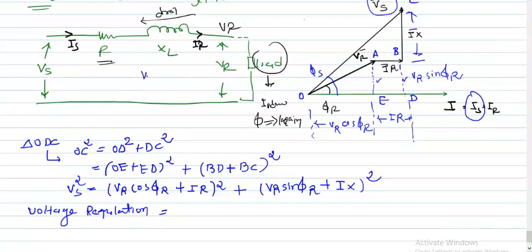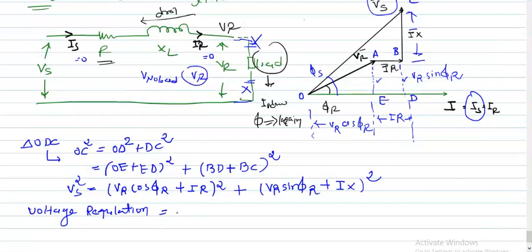If I disconnect the load, the current IR, and so IS, is almost zero. At that time, the sending end voltage is the same as the receiving end voltage. Full load means when I apply the load, the full load voltage is VR.